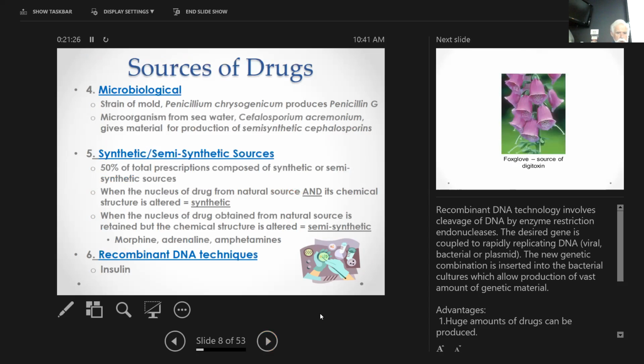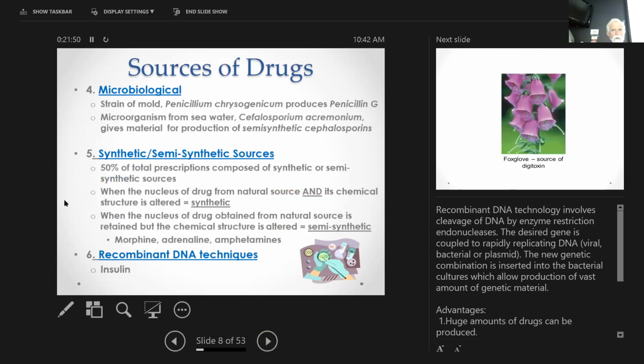The morphine derivatives, oxycodone and hydrocodone, are semi-synthetic forms of morphine and codeine.